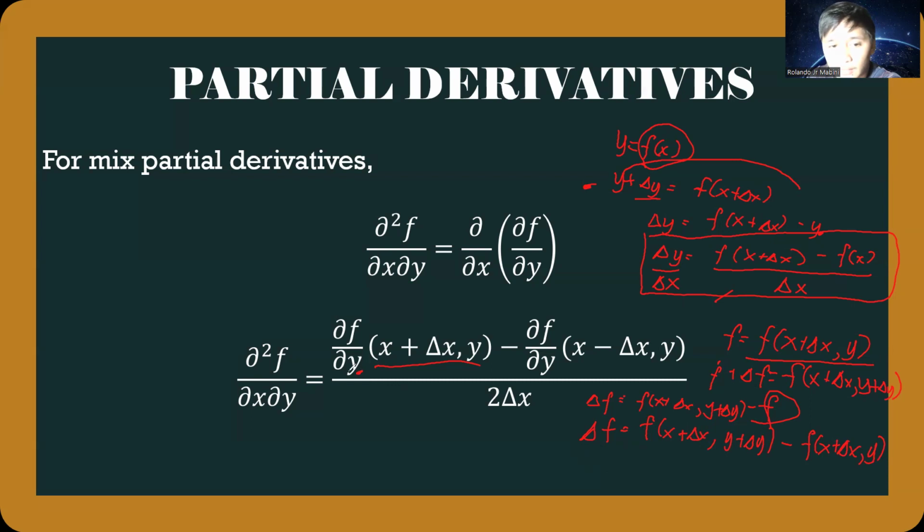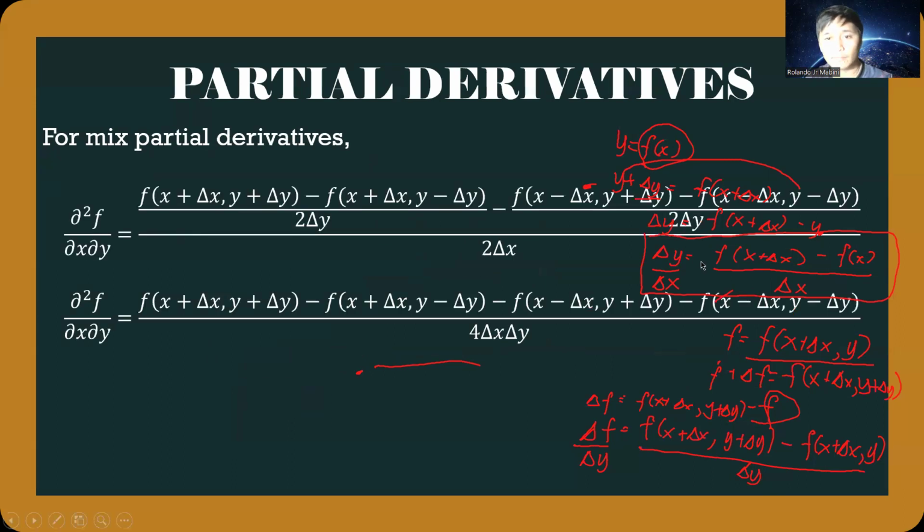And then since we are after the derivative with respect to y, we will divide both sides by delta y, and that is now the outcome. If you can observe, this whole term here is this one.